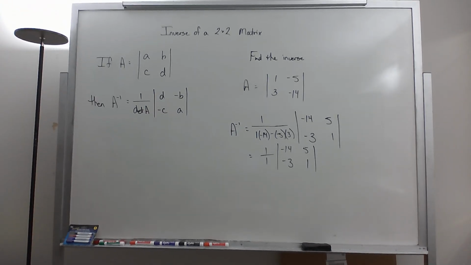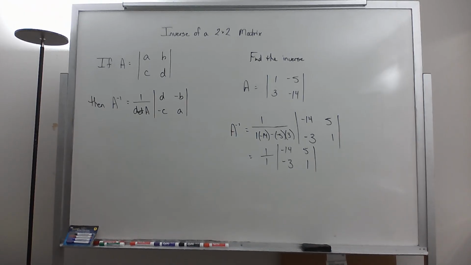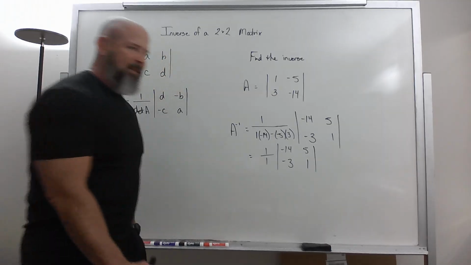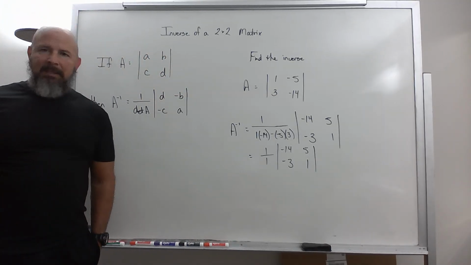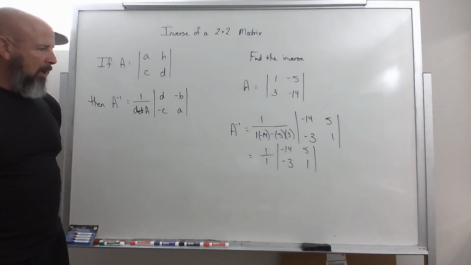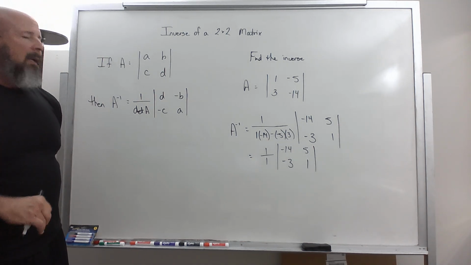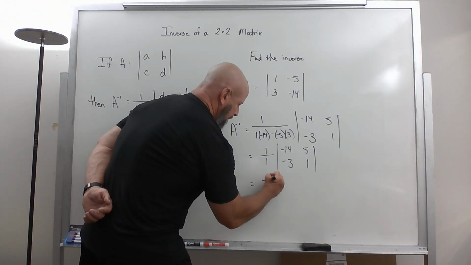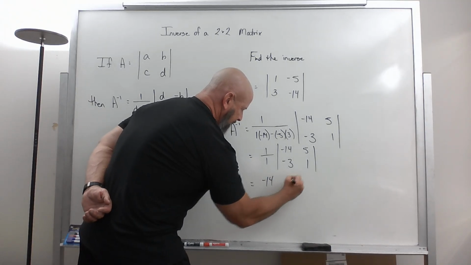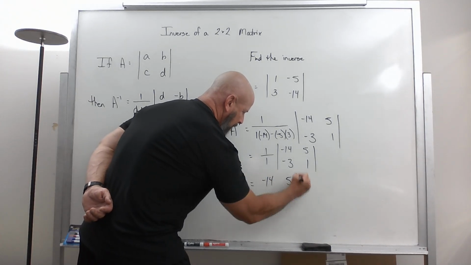Now, I will say this, it's not always going to be a nice 1, but 1 over 1 is 1. We'll look at another one here in just a minute where I don't get a 1 down here. We'll see some fractions. In the original lesson video, you did get some fractions there. All right, so 1 over 1 is 1. If I distribute the 1, then the inverse would be -14, 5, -3, 1.